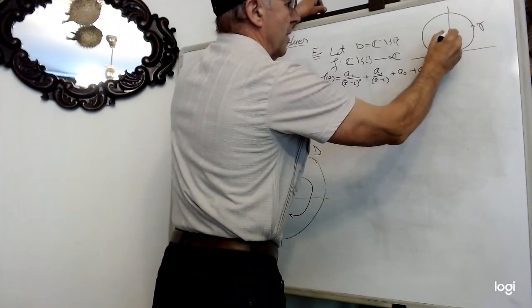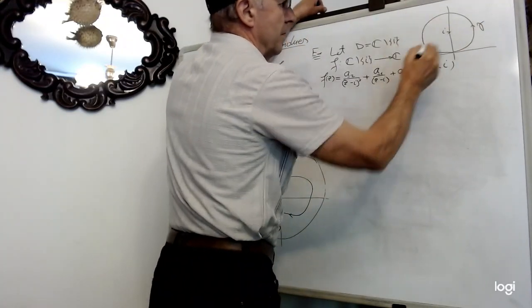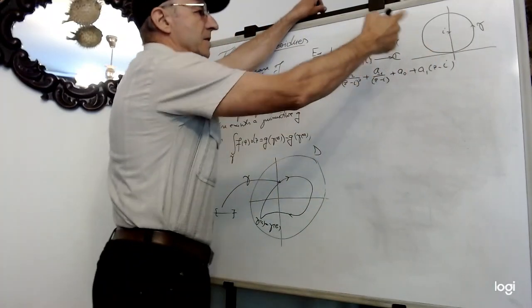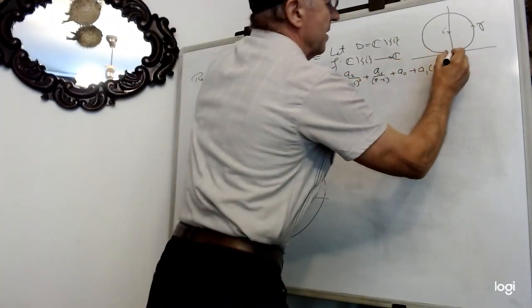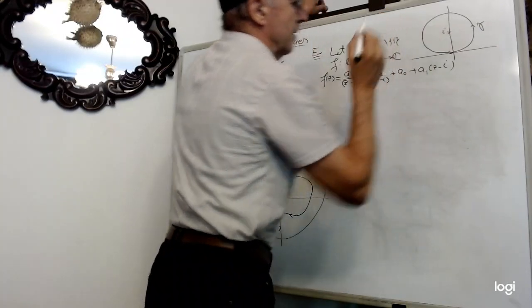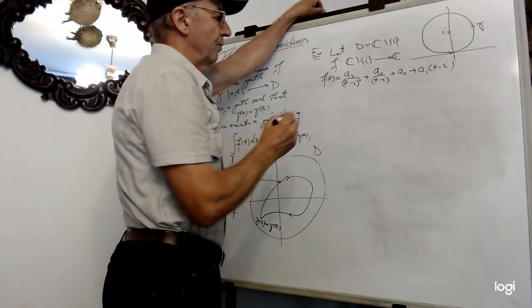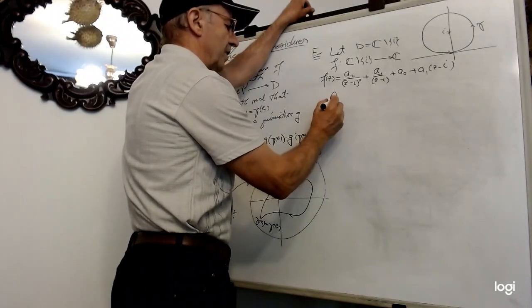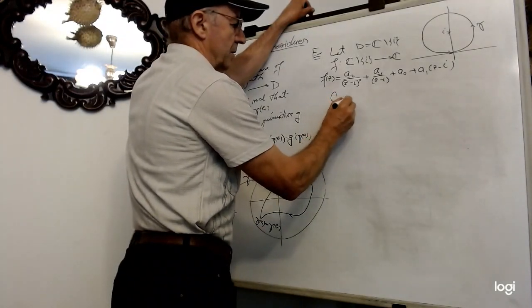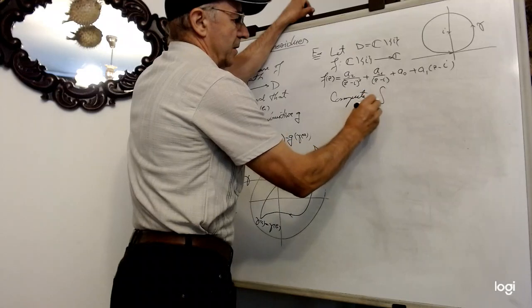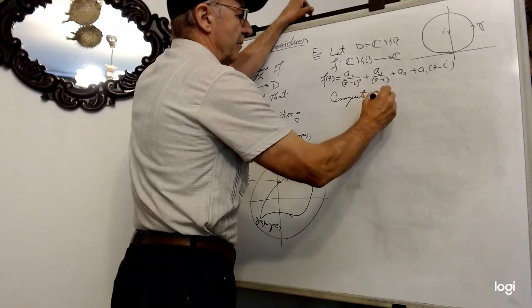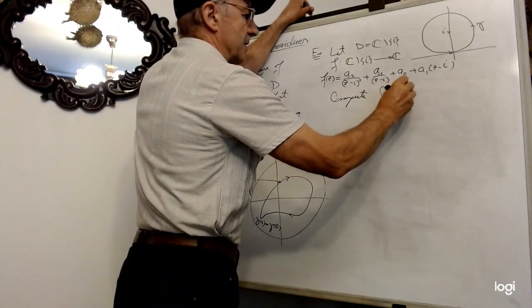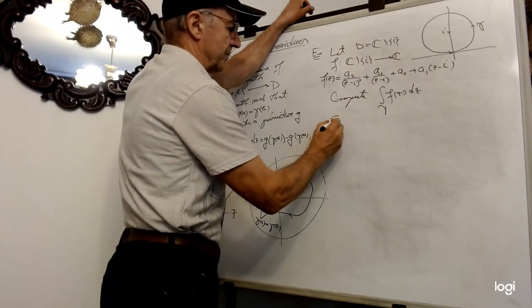Here is i. This is a circular path. The starting point is here. And in our exercise, we have to compute the integral along gamma of our function f of z dz. Solution.